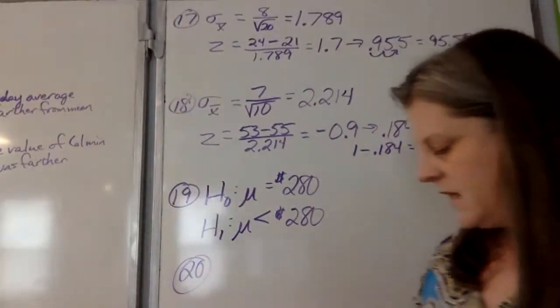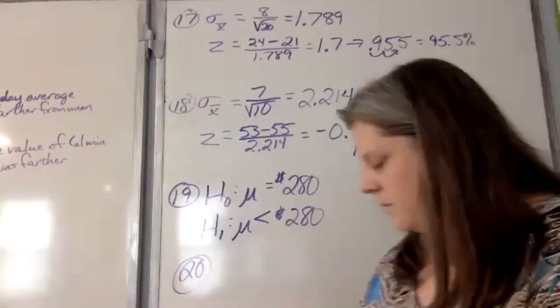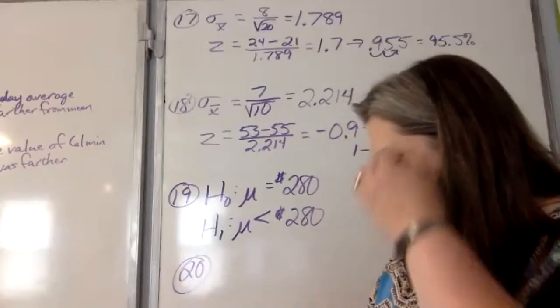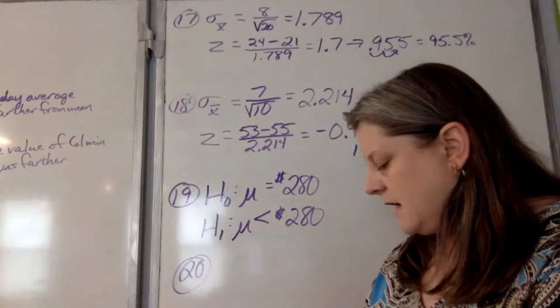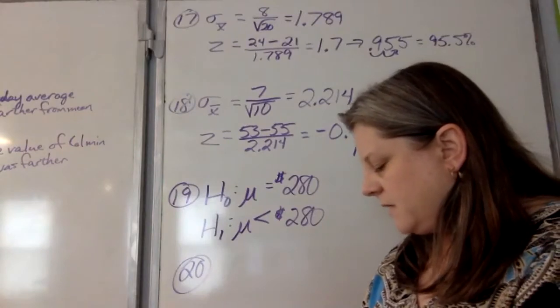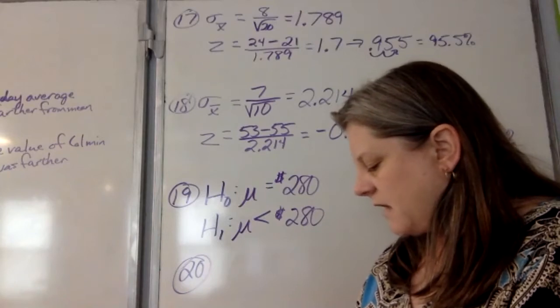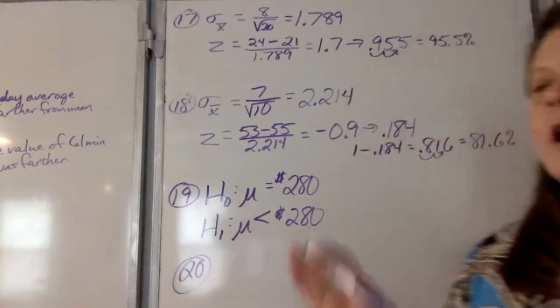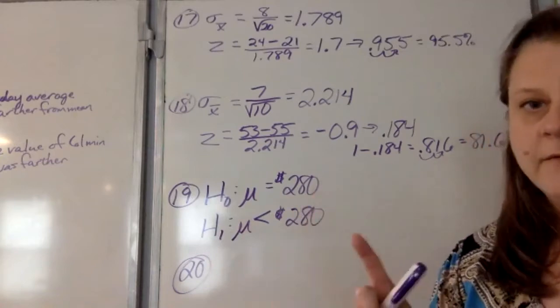Number 20, Kevin has found his car's average gas mileage to be 31.2 miles per gallon. If he takes a sample of 10 random people who drive the same car he does and finds their average gas mileage to be 27.6 miles per gallon, does this prove that Kevin's car mileage is higher than the average? So you're not looking at his average for this. You always use the sample's average.